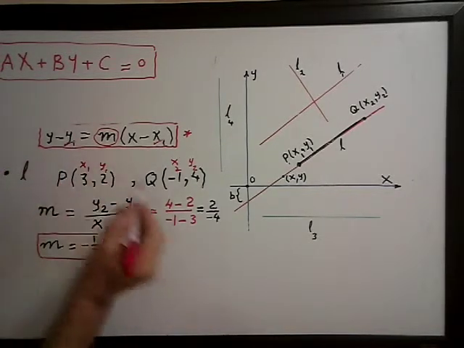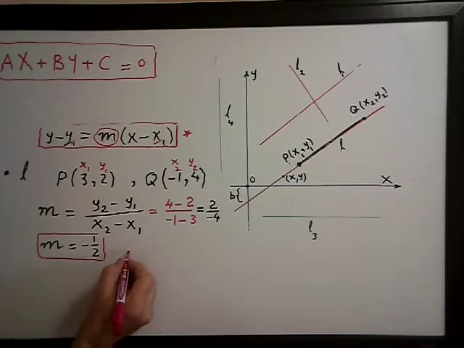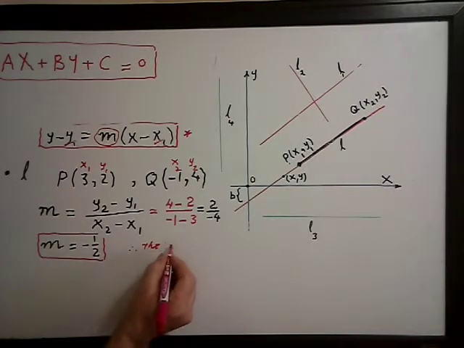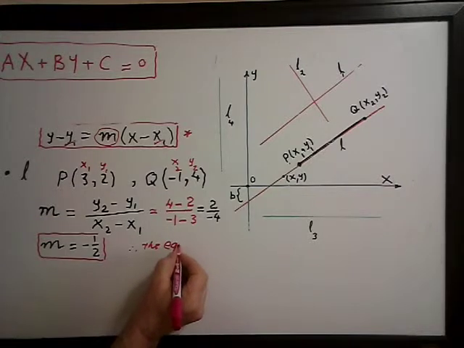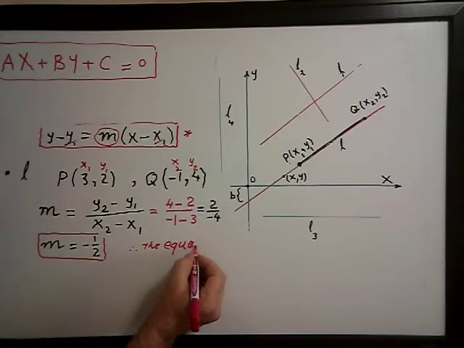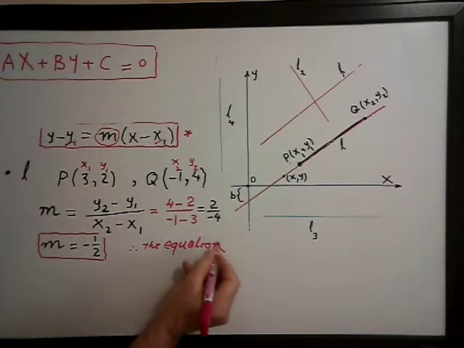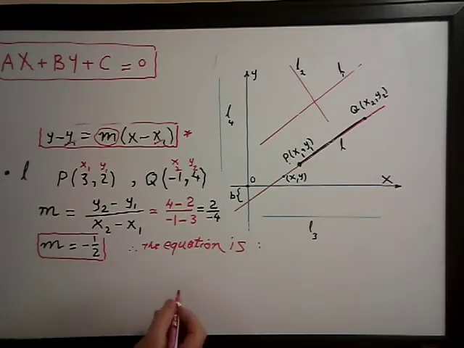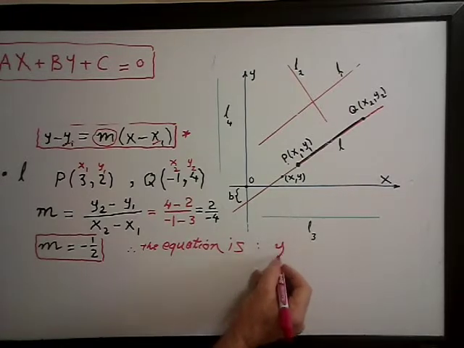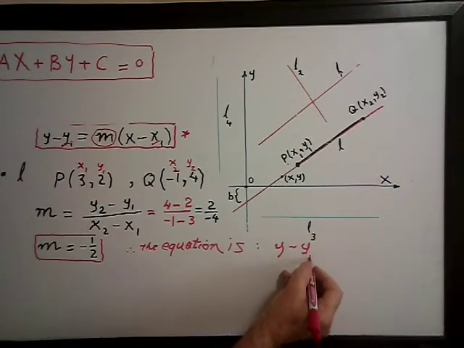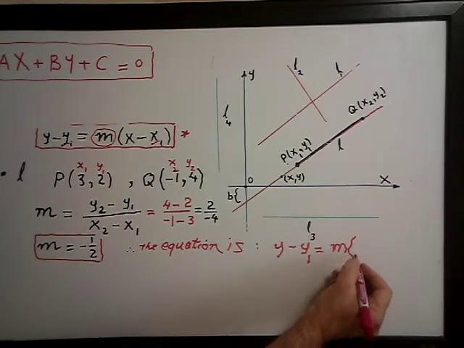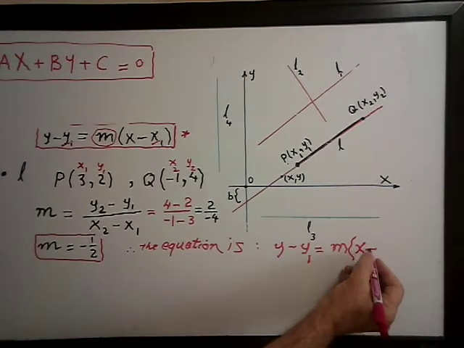Then we write the equation as y minus y1 is equal to m times x minus x1.